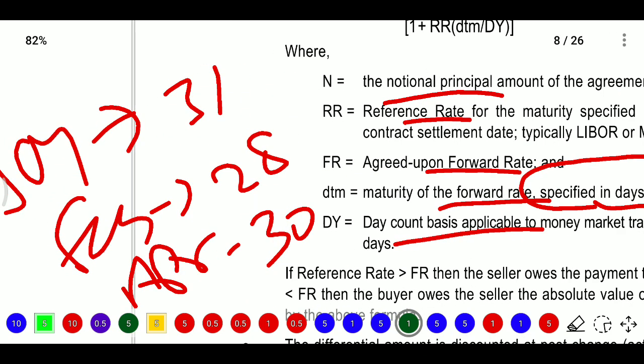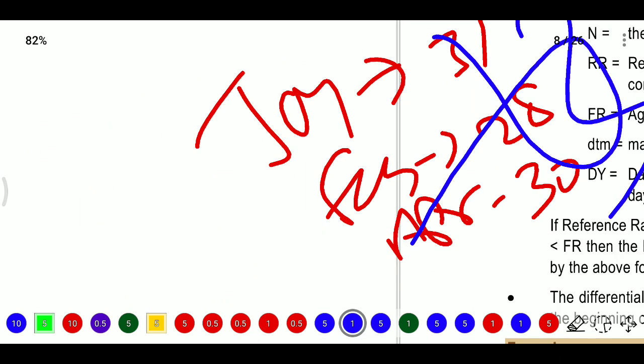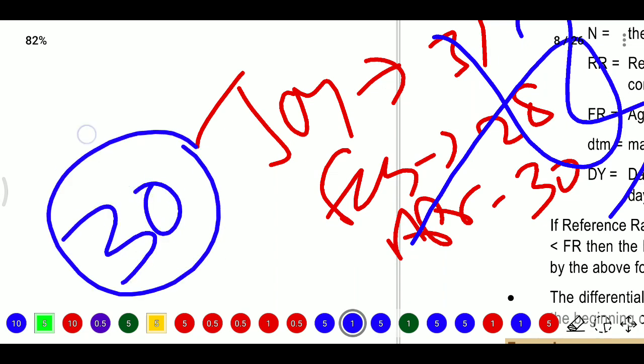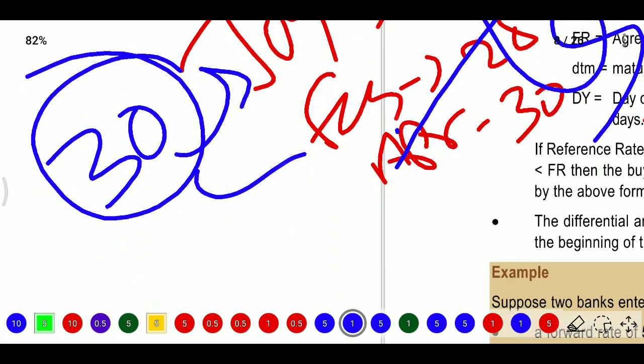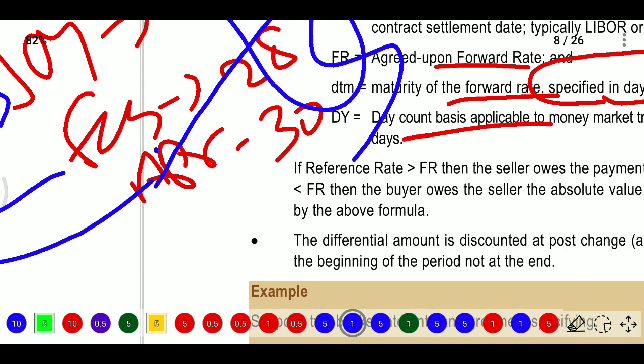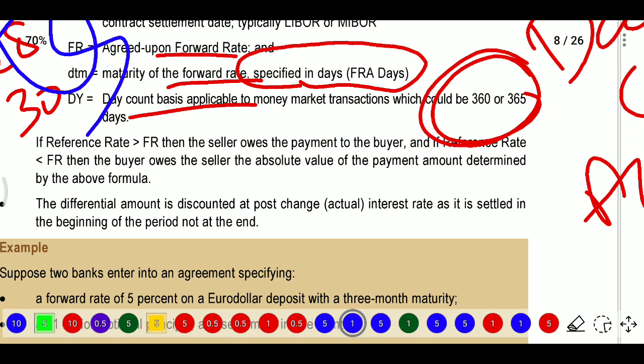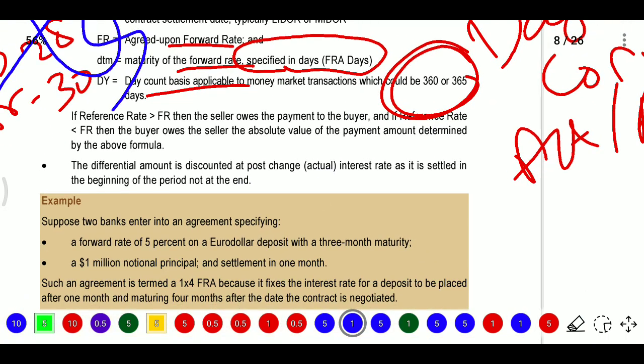But for the convention, the company will not consider these dates. They will mention that every month we consider as 30 days only. So for January it is 30 days, they will consider 30 divided by 360 or 365, and for February 30 divided by 360, and for April 30 divided by 360. This is where the day convention concept comes into the picture.